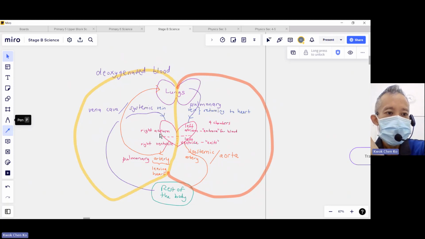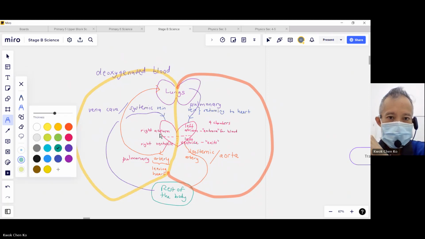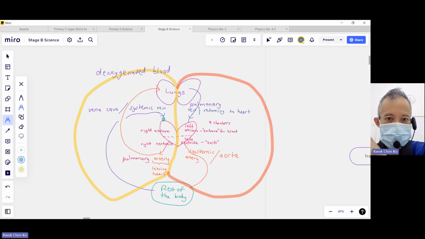Specifically, I'm referring to these few blood vessels. Okay, so this one is deoxygenated, low in oxygen.